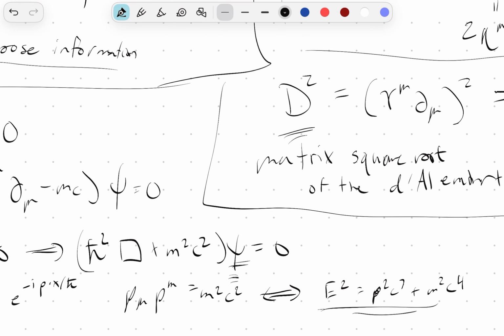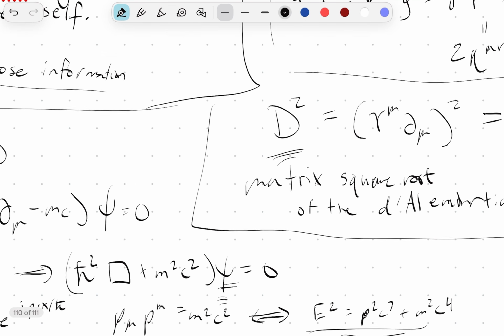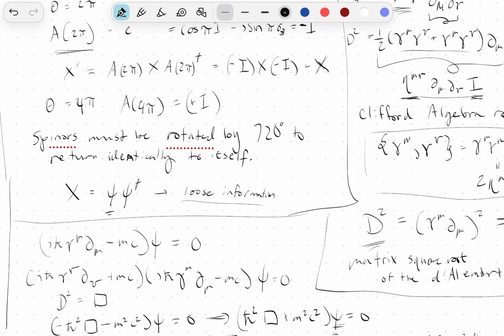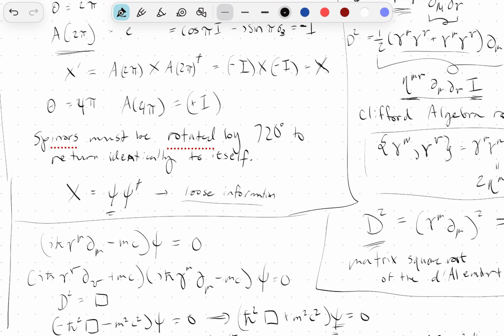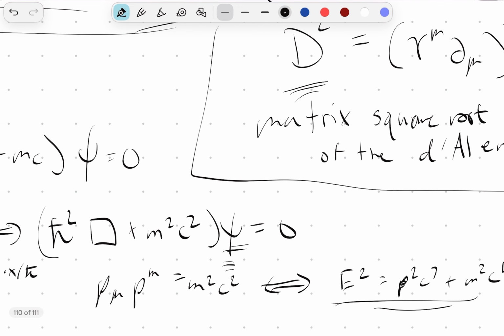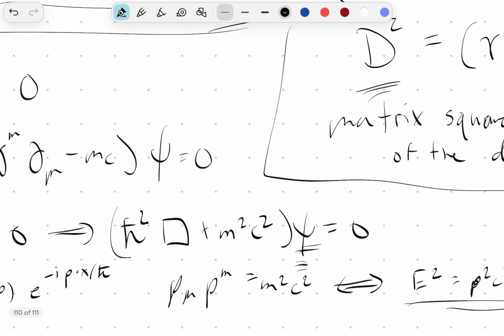Your spinor nature of psi guarantees that it transforms correctly under Lorentz transformations. And if you choose to do a Lorentz boost, that's going to mix the components by your spinor representation, but it preserves the covariant form of the equation.